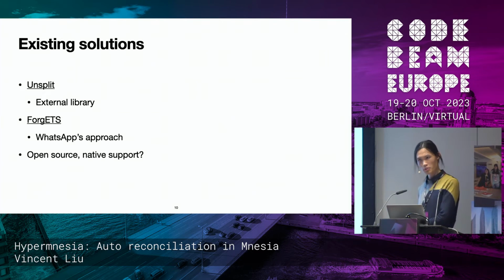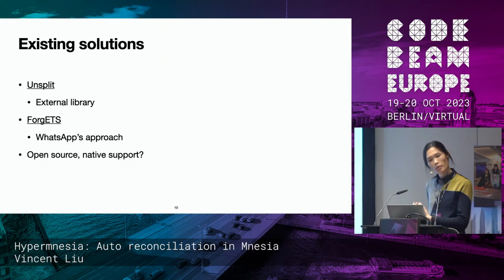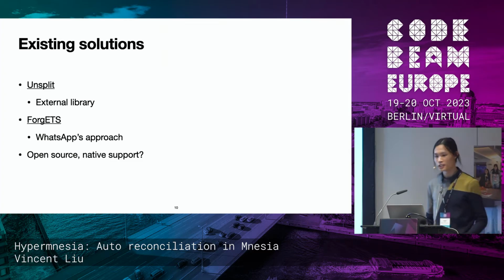This is WhatsApp's approach. It is designed to be a drop-in replacement for Mnesia, and it has a bunch of additional features, including this reconciliation support. So I guess the aim of this talk is, can we actually build an open source and native support of this feature right into Mnesia so that developers can use it out of the box?